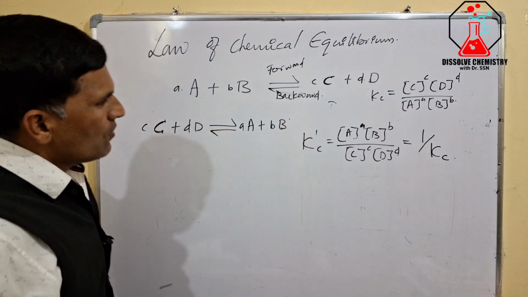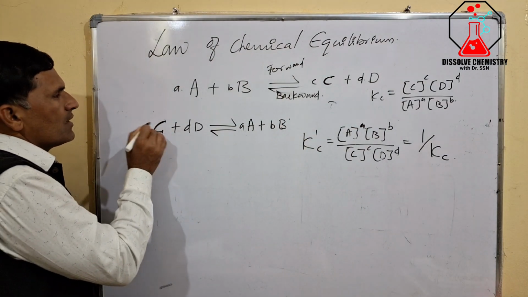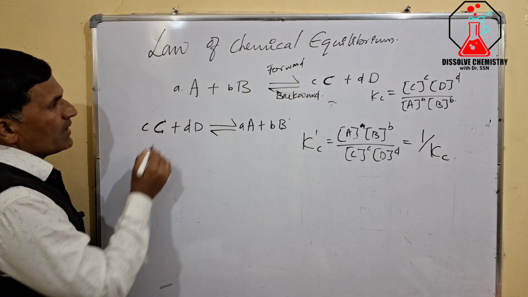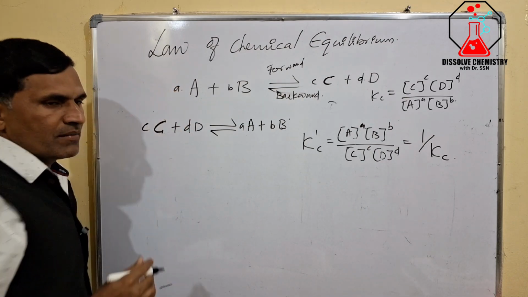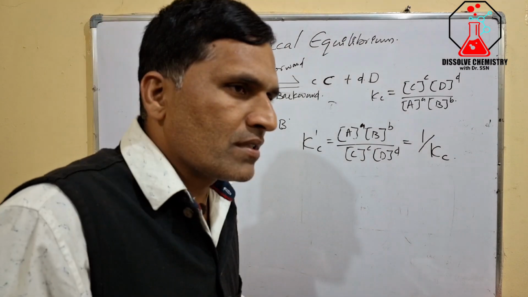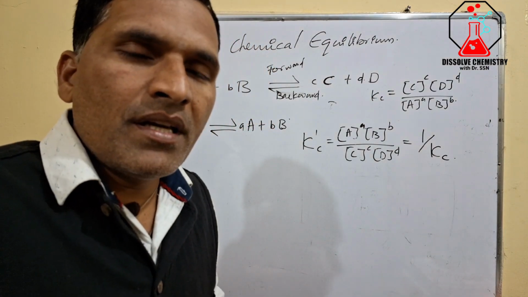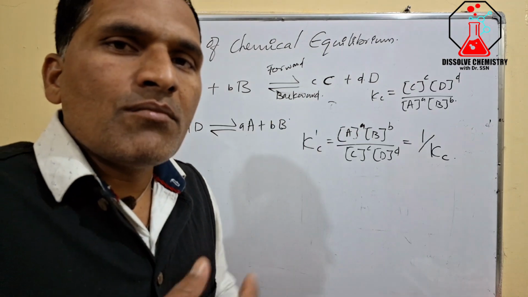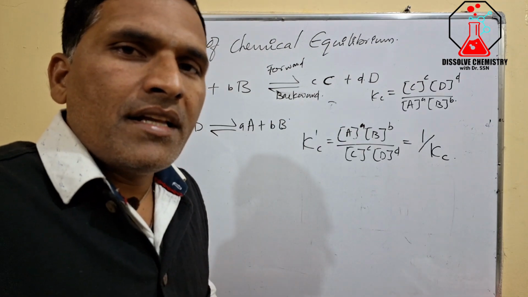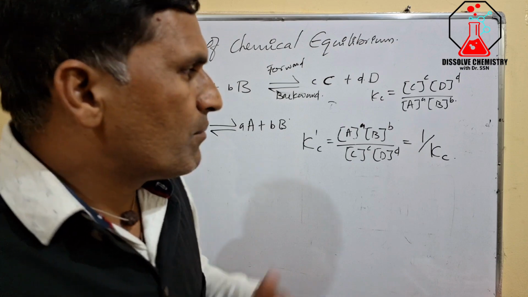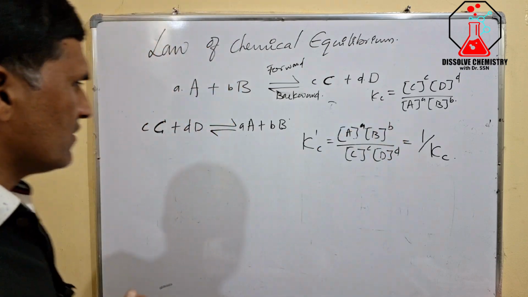Okay, now suppose instead of this, I multiply the stoichiometric coefficients, meaning instead of, say, a moles, I take na moles of A, nb moles of B to give nc moles of C and nd moles of D, then what happens to my equilibrium constant? That we will see.